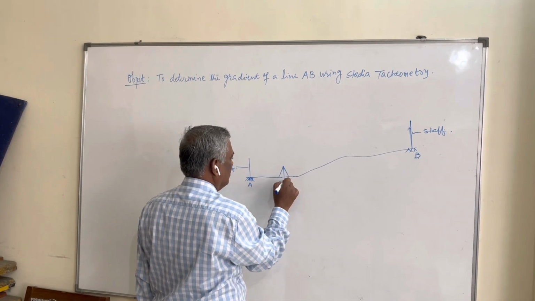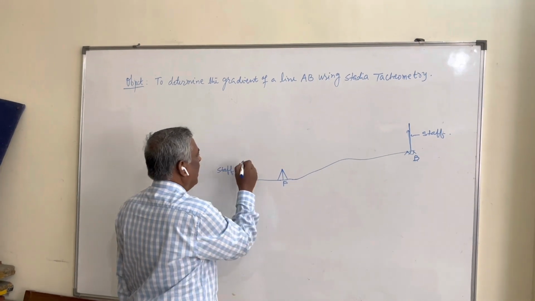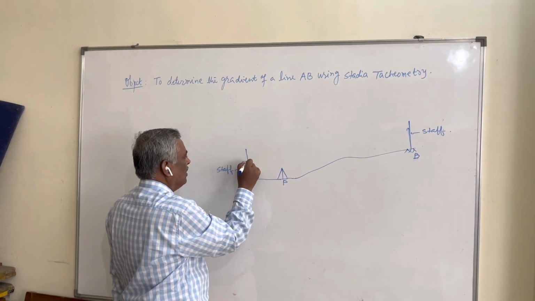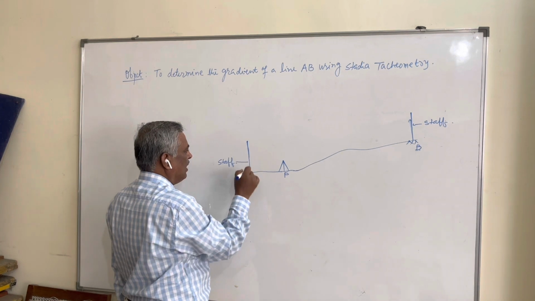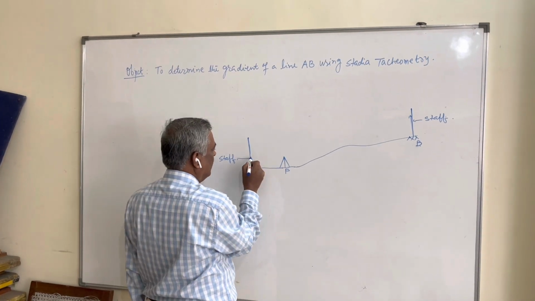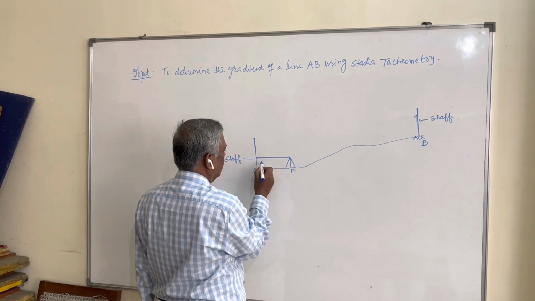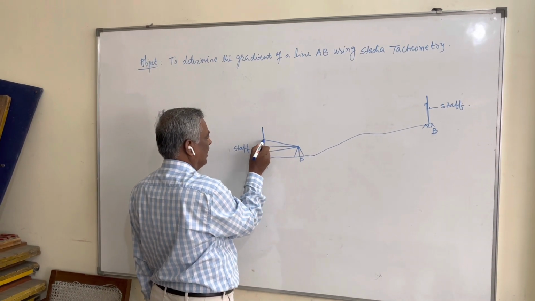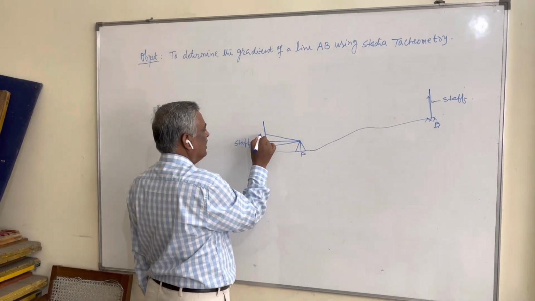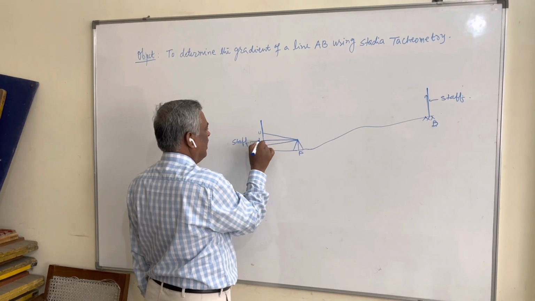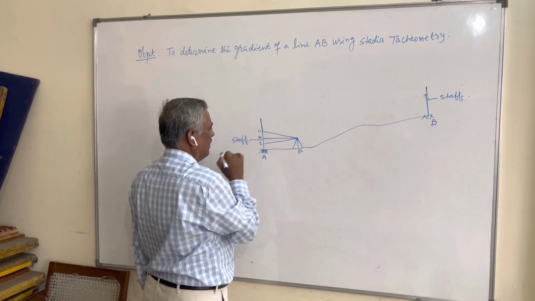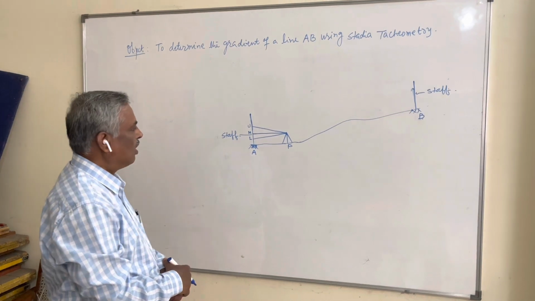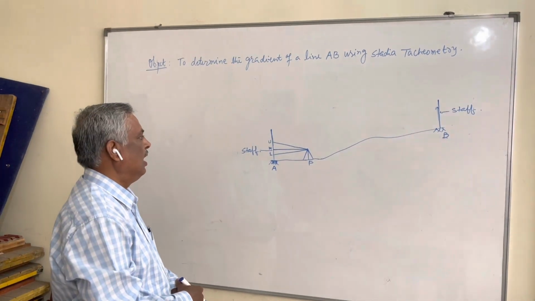Say instrument position is A, and now with the line of sight horizontal, we are going to take the stadia wires, 3 readings. This is the upper wire, this is the middle one, and this is the lower. So we have to record the 3 angles.